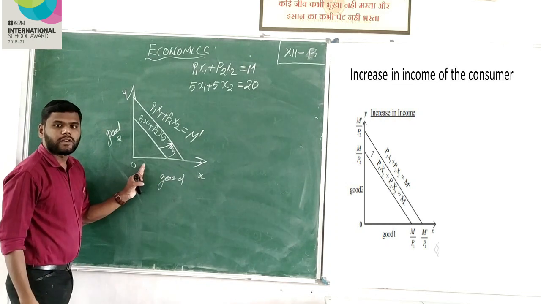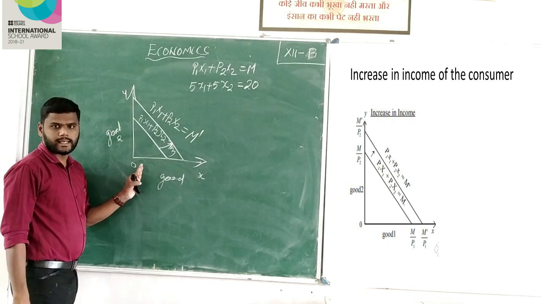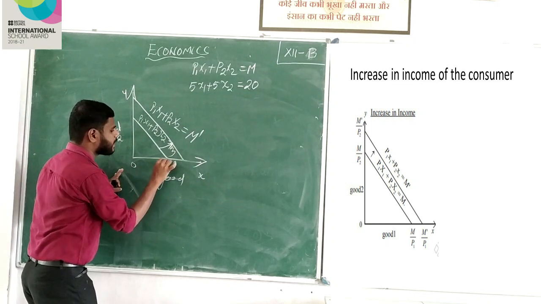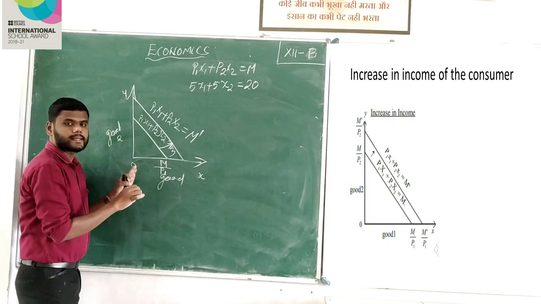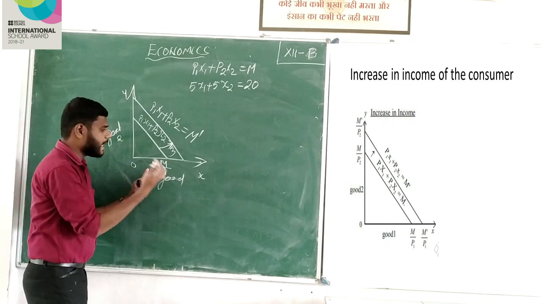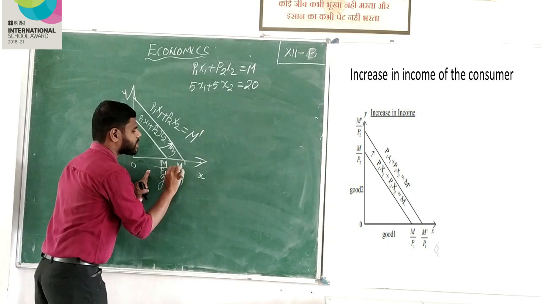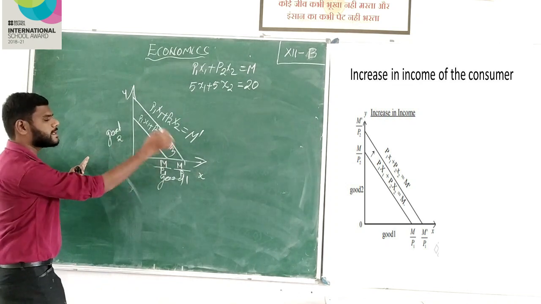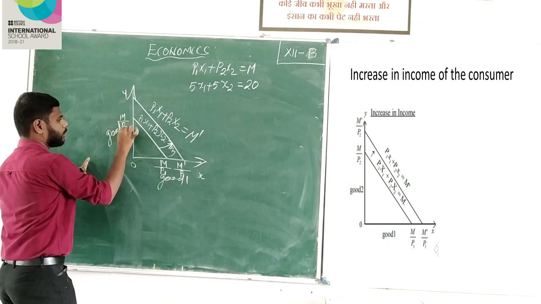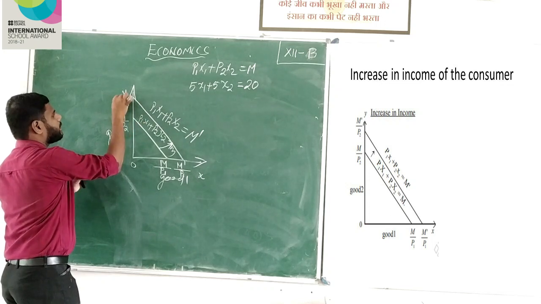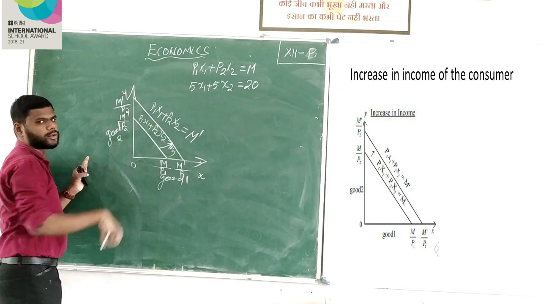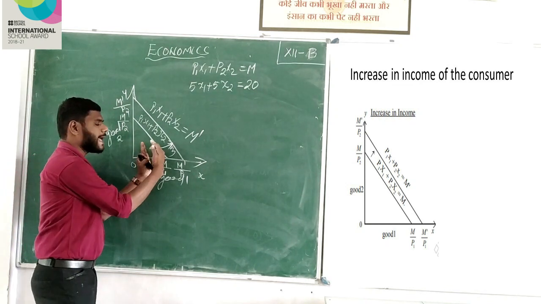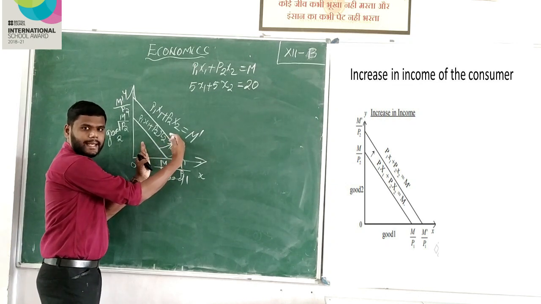And what happens to the vertical and horizontal intercept? Here the horizontal intercept is m divided by P1. This horizontal intercept will change to m dash divided by P1. Here also the vertical intercept, that is m divided by P2, will change to m dash divided by P2. That means when the income of the consumer changes, the budget line shifts rightward, a parallel outward shift.